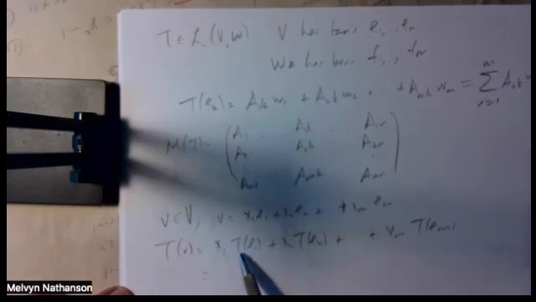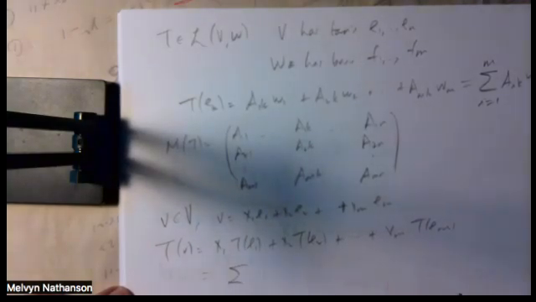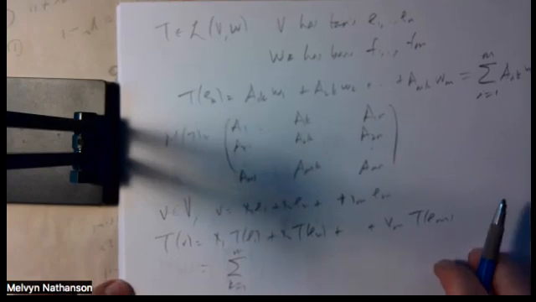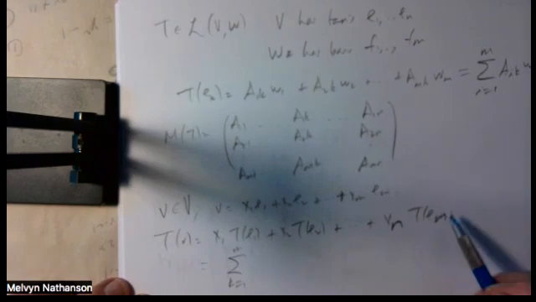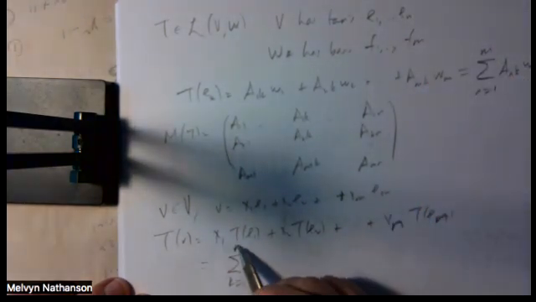So what I have here is the summation over k going from 1 up to n, x sub k T of ek.